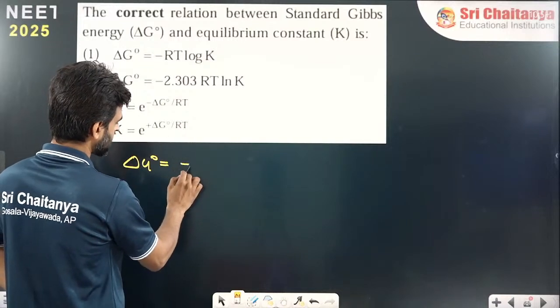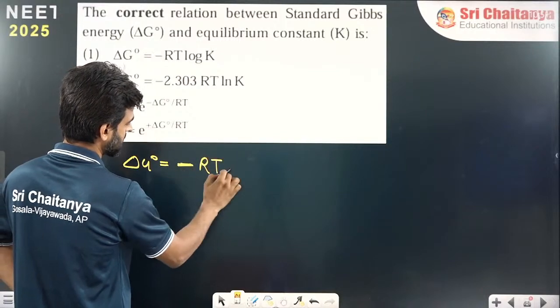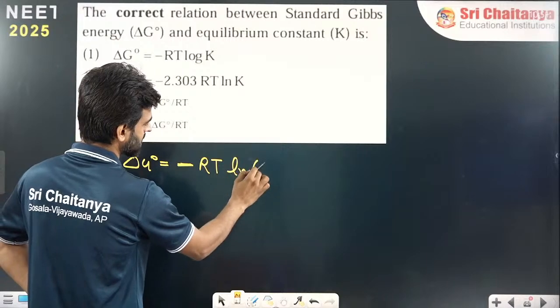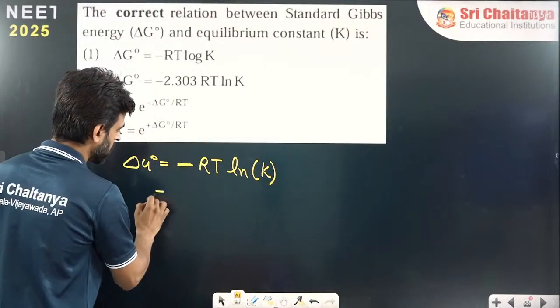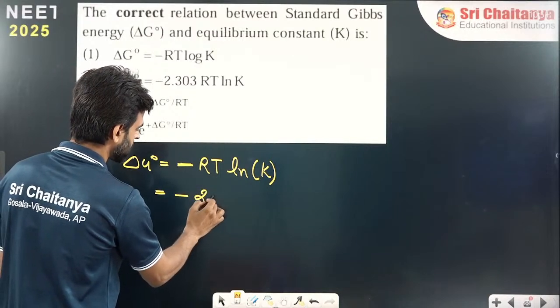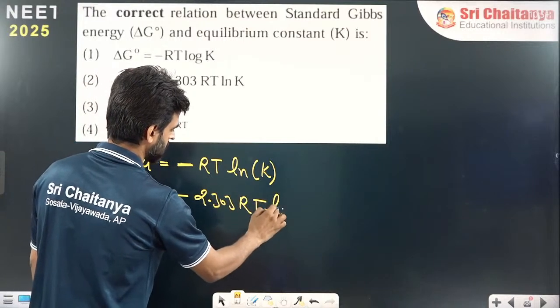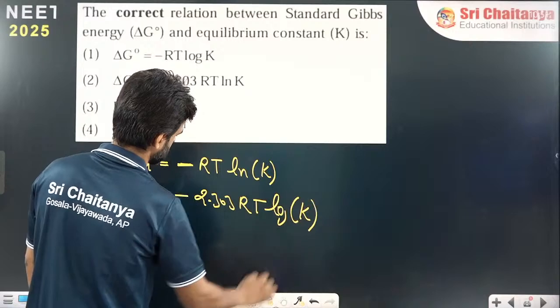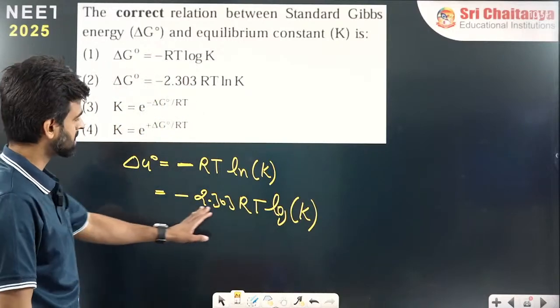It was minus RT ln K, fine. Or I can put here minus 2.303 RT log K. In this case, what is coming? Log K. Are they writing something like this here?